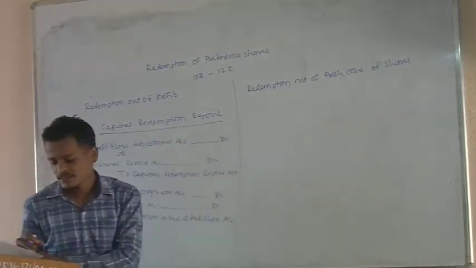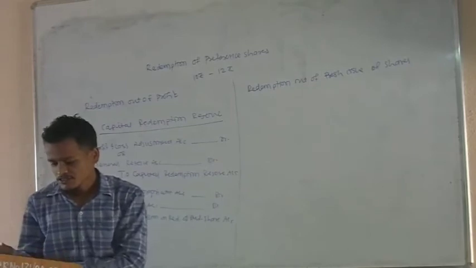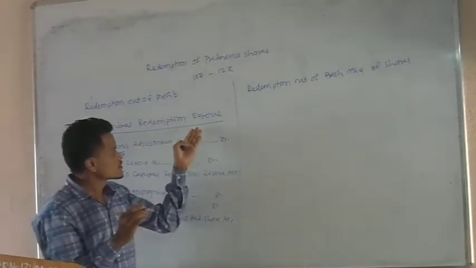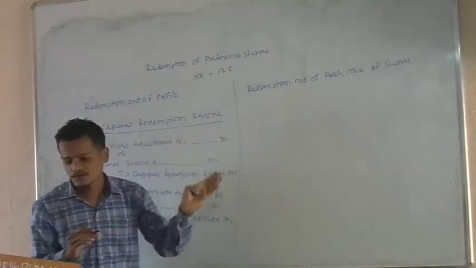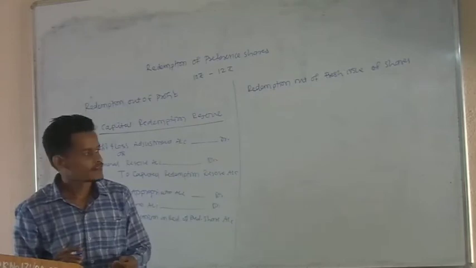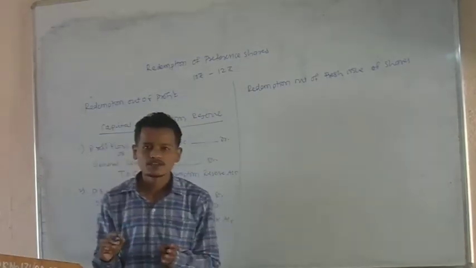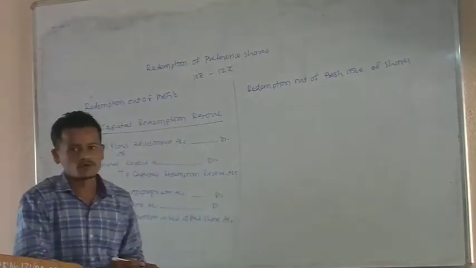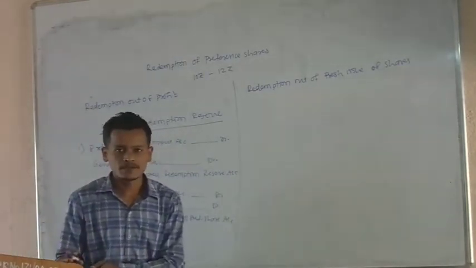And when there is an issue of shares, then that redemption reserve fund is transferred to the shareholders account. That shareholder account is debited and that amount is credited to share capital account. It means there is no reduction in the share capital.